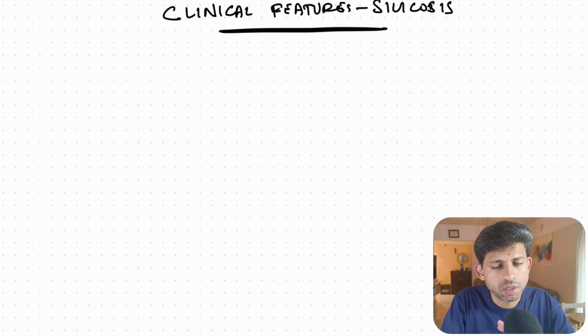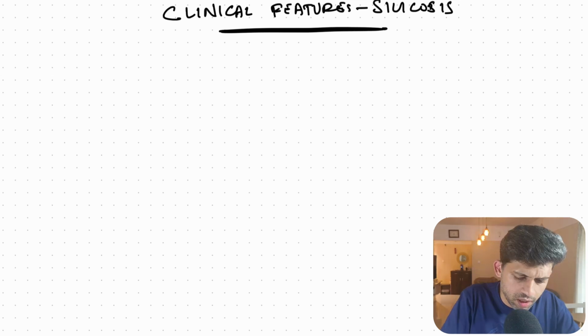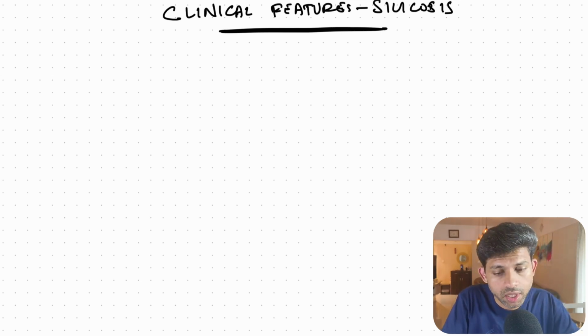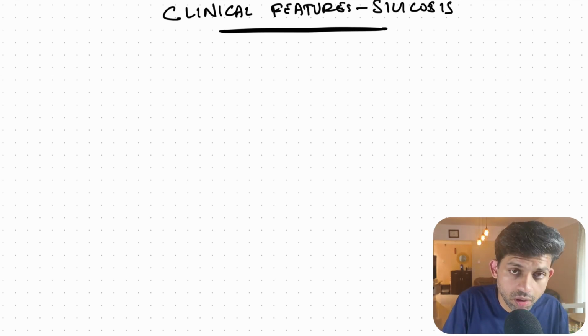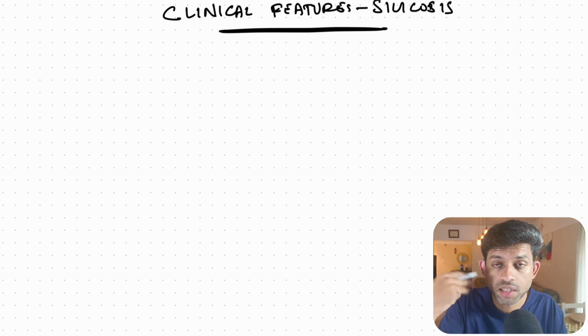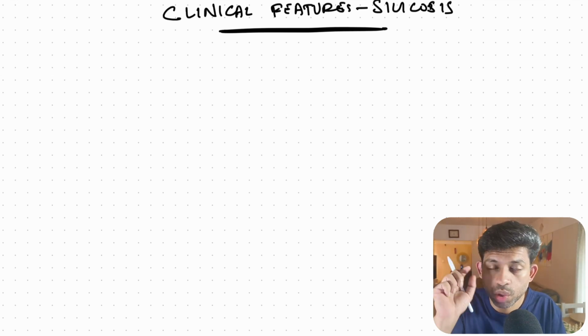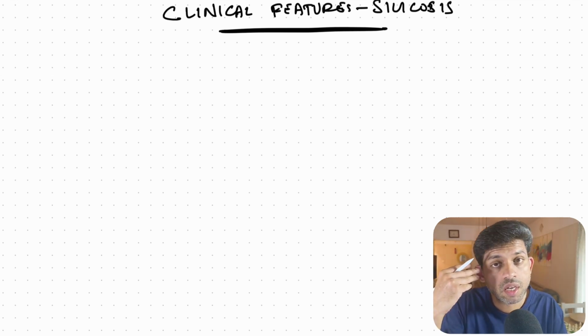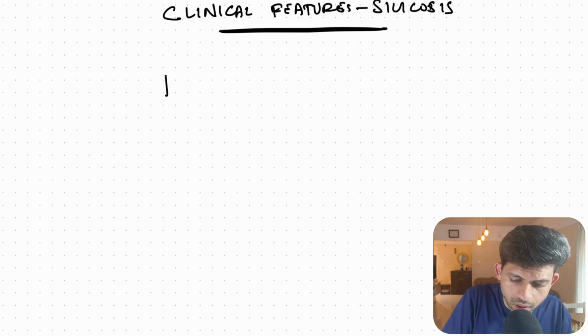Clinical features of silicosis are variable. Some people can progress slowly over 10 to 30 years. Some people may have accelerated progress, and in people who are exposed to a large amount of silica in a short period of time, there may be a rapid progress also.